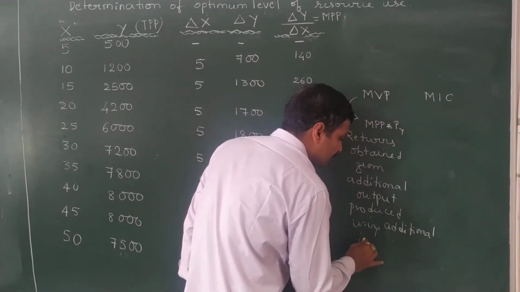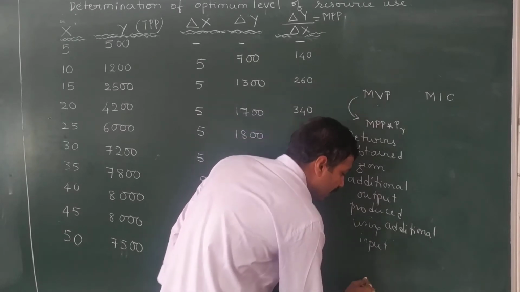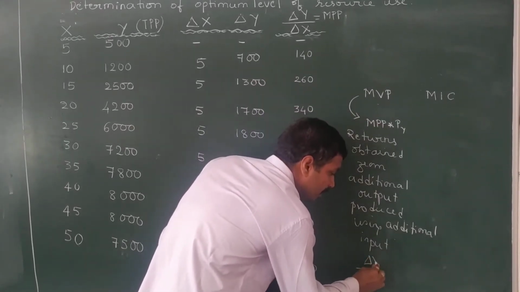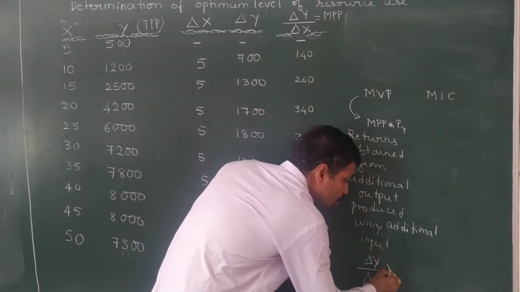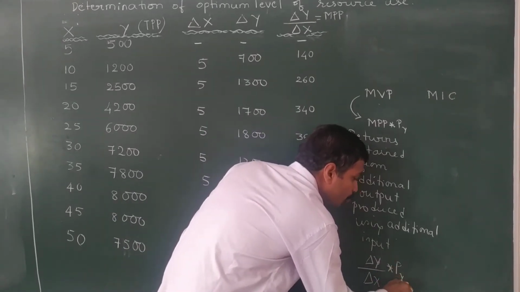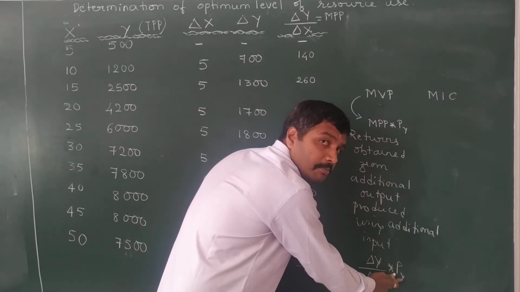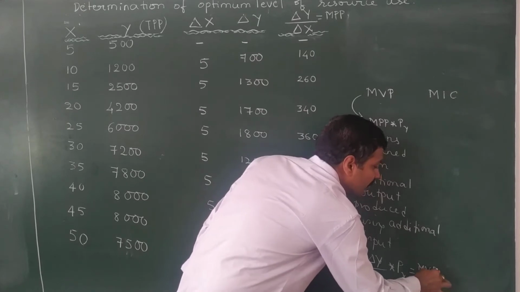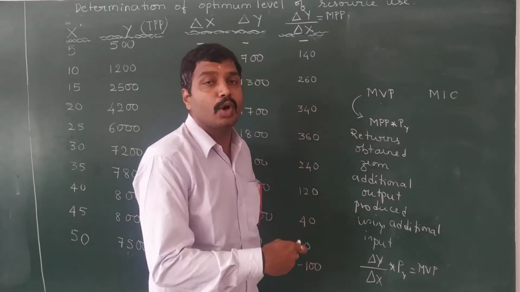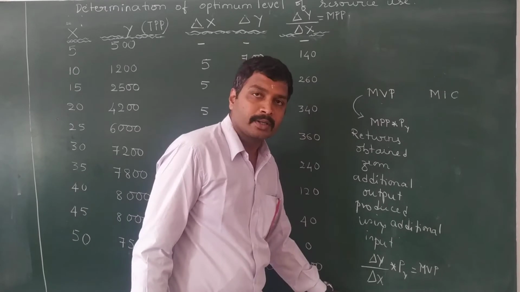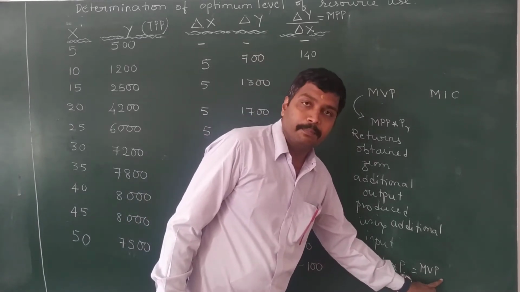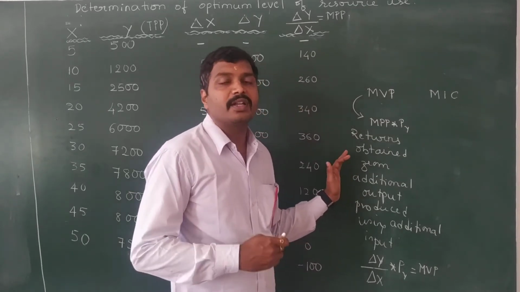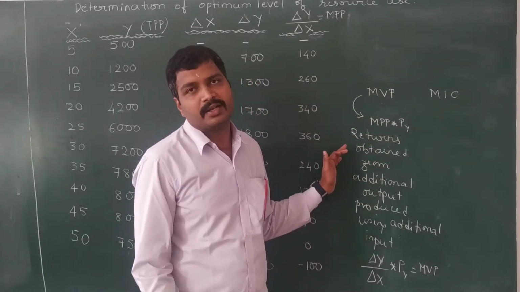In the sense, if you use additional input, no doubt you are going to get additional output. When you sell this additional output at the prevailing market price PY, then what you get we call marginal value product, or the value of this marginal product. We write it as MVP. This is the return side of the usage of an additional unit of input in production activity.